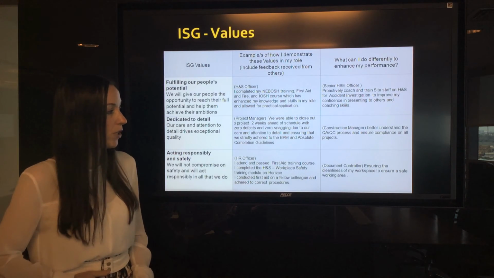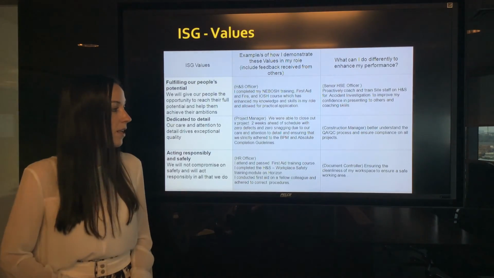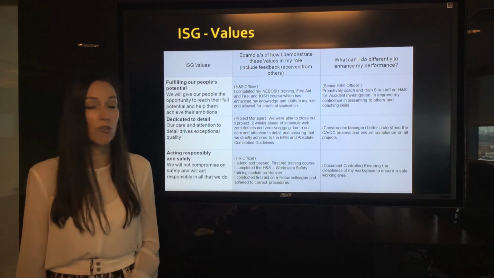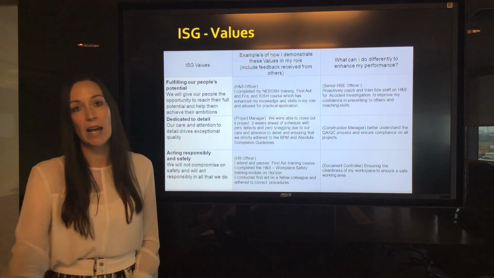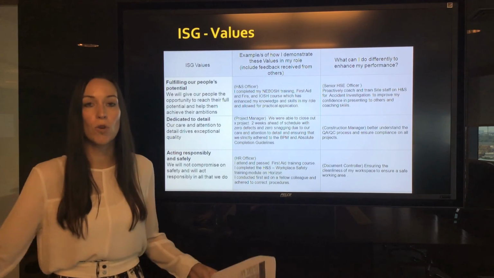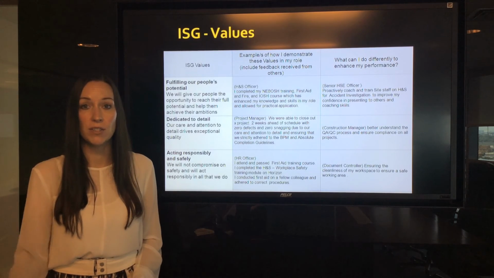Now a document controller can say that how they want to enhance their performance in this value is that they want to ensure the cleanliness of their work space to ensure a safe working environment. So they're going to make sure that there's not wires hanging out across the floor, and there's not big piles of paper that are spread out all over the table, which again in itself is a health and safety concern.